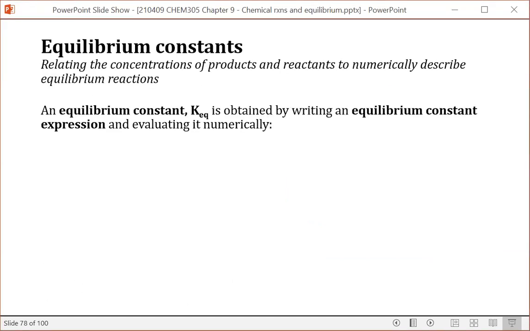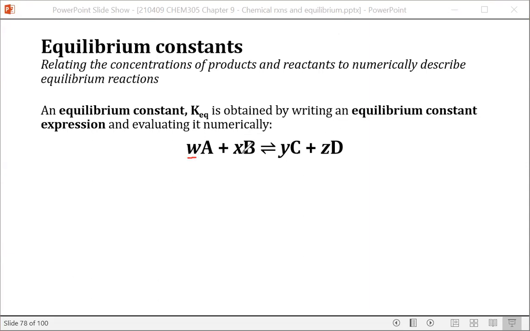So the equilibrium constant KEQ is obtained by writing what we call an equilibrium constant expression, and then we evaluate it numerically, plugging in values. So let's say we have a chemical reaction where we have reactant A reacting with reactant B to make product C and product D. And shown in front here are the coefficients for this chemical reaction once it's been balanced.